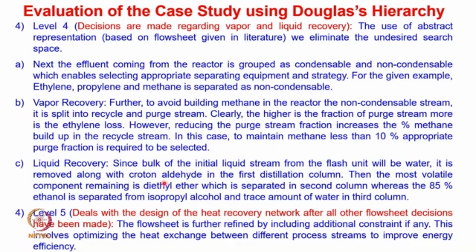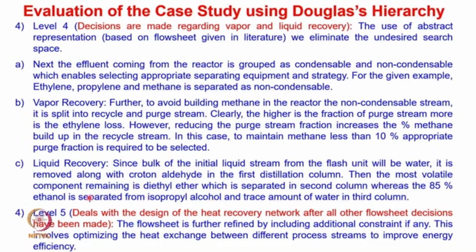So we can separate the diethyl ether in the second column, and once the diethyl ether is separated, the separated diethyl ether will be recycled back to the reactor, and the bottom product coming from the second distillation column then will be charged to the third distillation column, where the ethanol, 85% ethanol, is separated from isopropyl alcohol and trace amount of water in the third column.